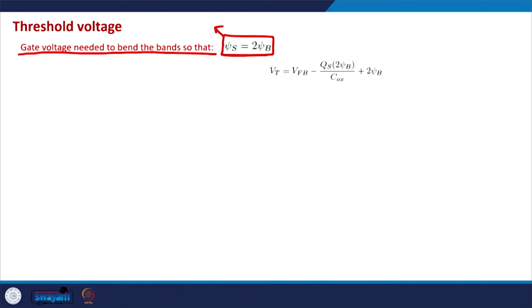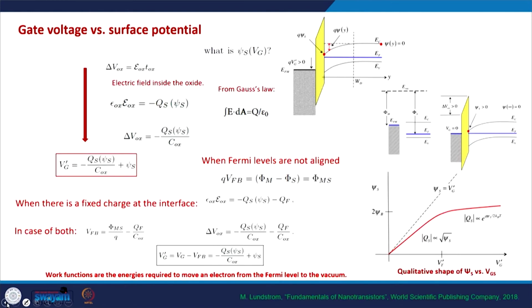We just need a mathematical form for it, and from the expression on the last slide, Vg is equal to Vfb minus Qs divided by Cox plus psi s. Using this definition, we will replace Vg by Vt when psi s is 2 psi b.